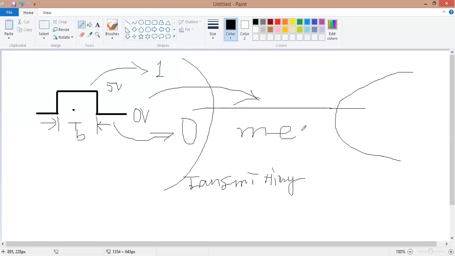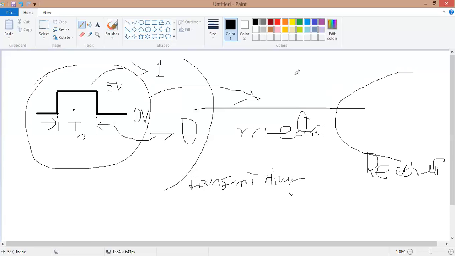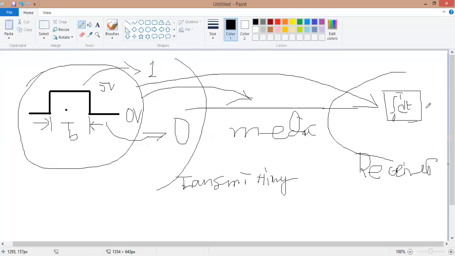The receiver can receive this information after it travels over this particular wired path. Ultimately, this will produce certain energy, and this energy may be received at the receiving section. So we need an integrator to accumulate all the energy at the receiving section. This is the integrator which can accumulate all the energy.